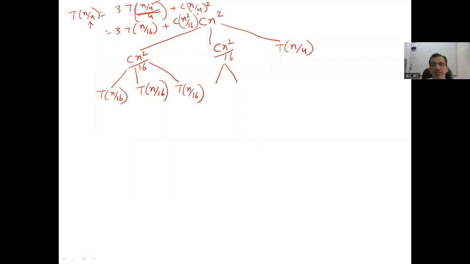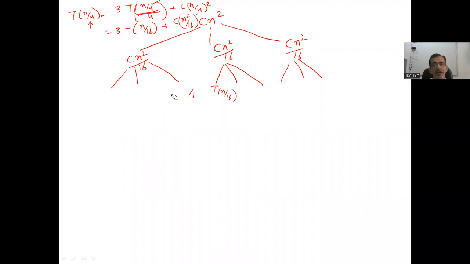This will further have similarly three children, each with a T(n/16), and so on. Here also the same replacement will happen. This will become Cn square by 16, and again three children. Let's just look at one of these children, what it will become, and that will probably become a good mathematical way of solving this.